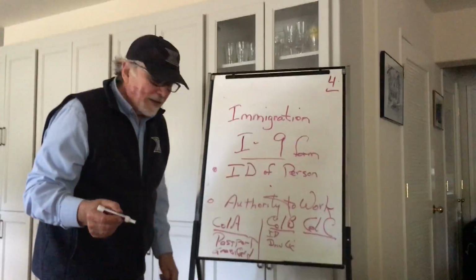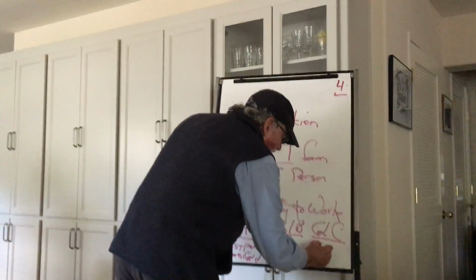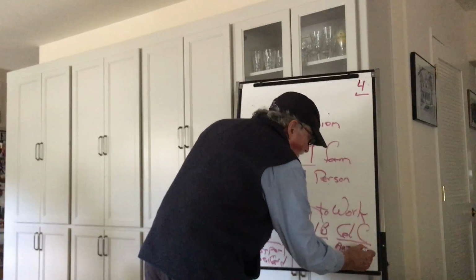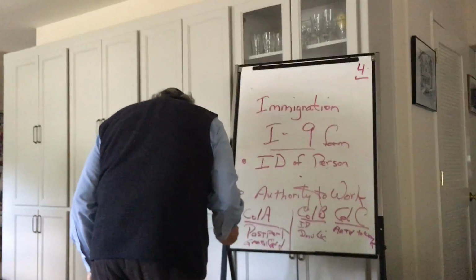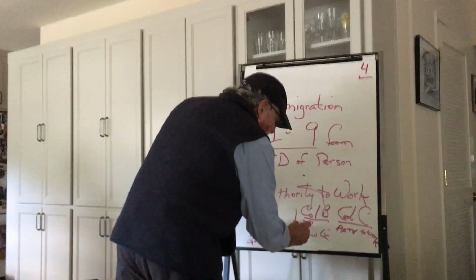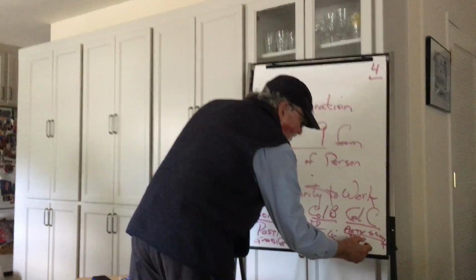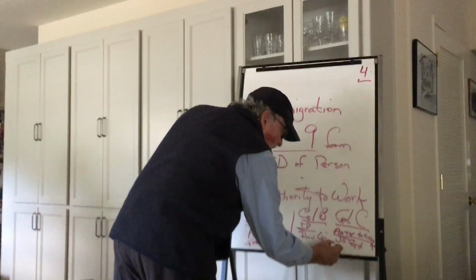That's identity. Okay, now, authority to work. How do you prove your authority to work? What you can have here is a Social Security card or a birth certificate, for example.